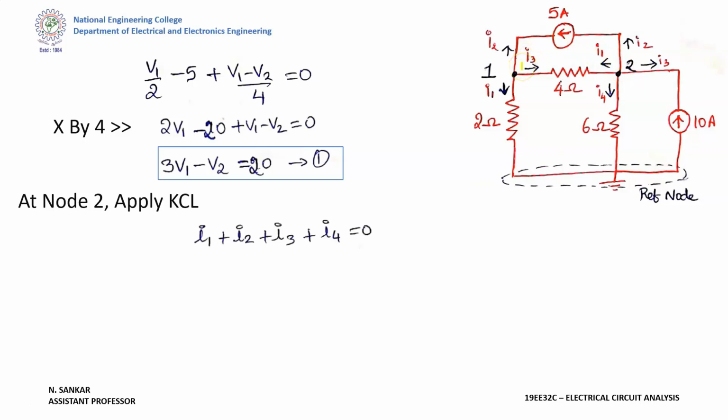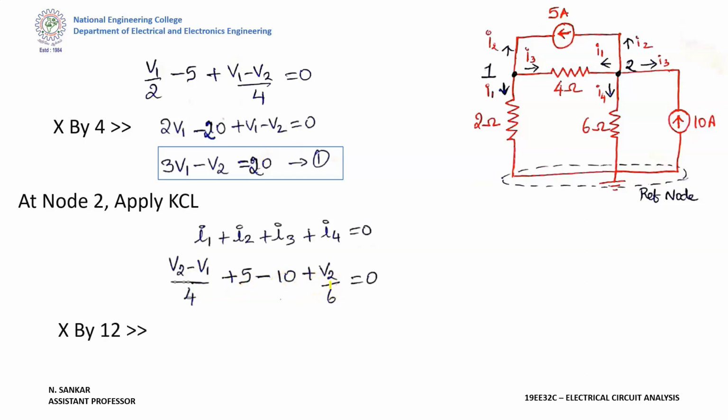I1 is equal to V2 minus V1 by 4. Similarly, I4 is nothing but V2 by 6 and I3 is nothing but minus 10 ampere because the direction is opposite, and here I2 is 5 ampere because the direction is same. So I1 is V2 minus V1 by 4, I2 is 5 ampere, I3 is minus 5, I4 is V2 by 6.